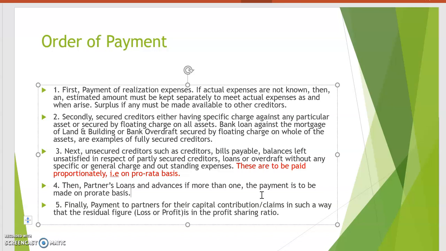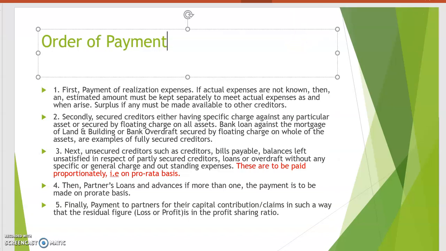Then finally, payment is made to all partners according to their capital contribution, or the residual figure in the profit sharing ratio. These are the points under the order of payment in piecemeal distribution.